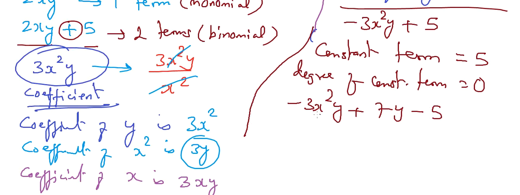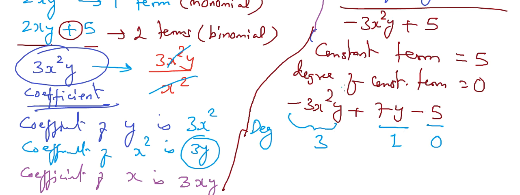In this case it has three terms. Degree of the first term is 2 plus 1, 3. Degree of the second term: the variable is y, so the power is 1, so the degree is 1, and the degree of the constant term, as I said, is 0.